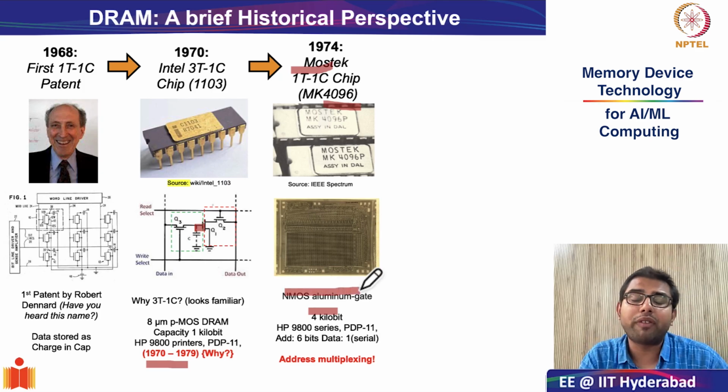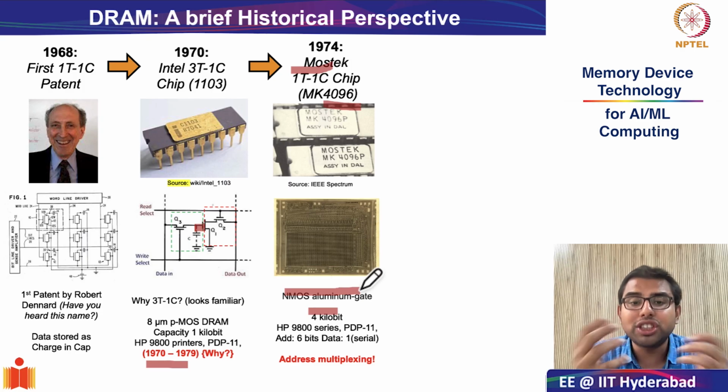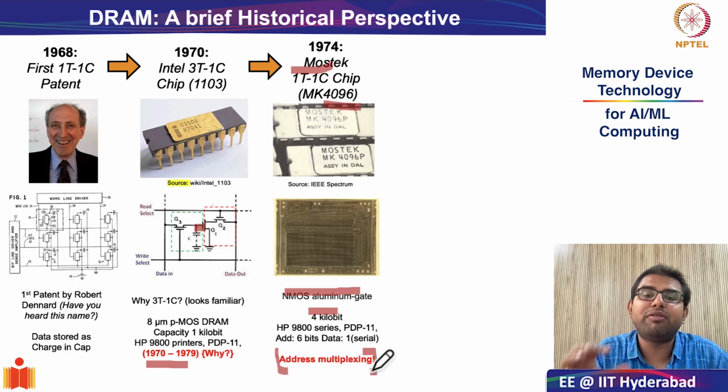For people who are familiar with transistor technology will know that before polysilicon was used as the gate material, we were first using aluminum gate, and if I am not mistaken, this was the 4 or 1 micrometer channel NMOS aluminum gate.